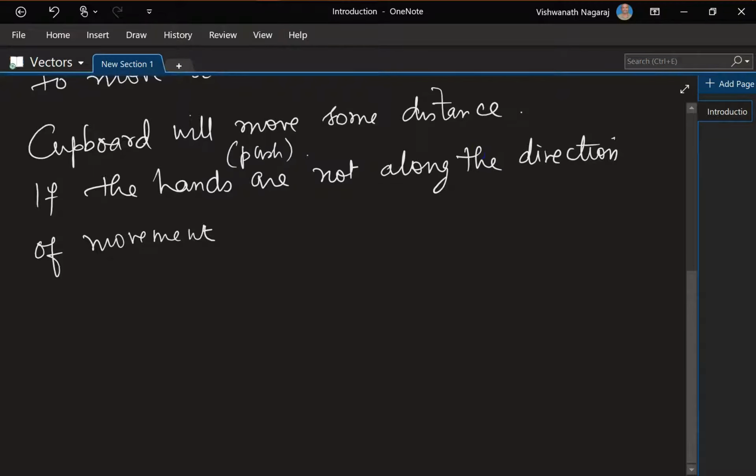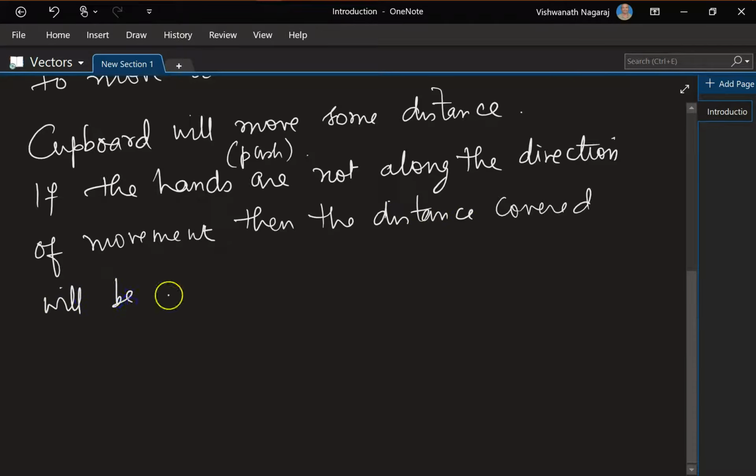So that means it is at an angle from the direction in which we want to move it. Then the distance covered will be less. Greater the angle, the lesser the movement.